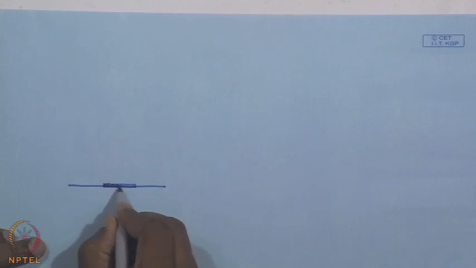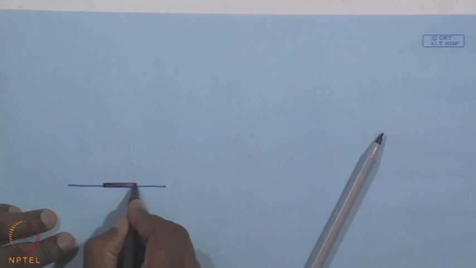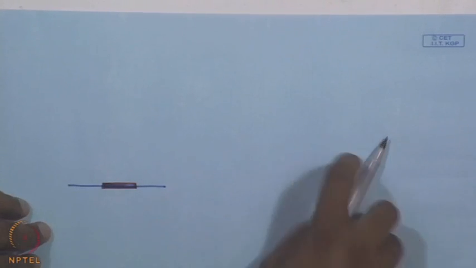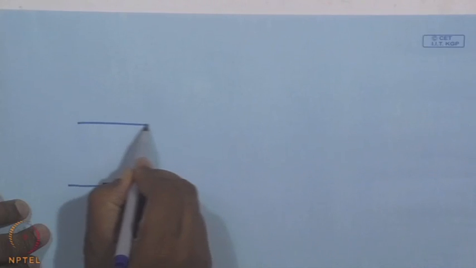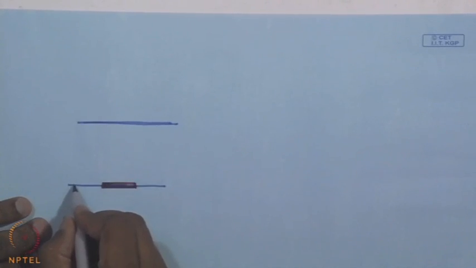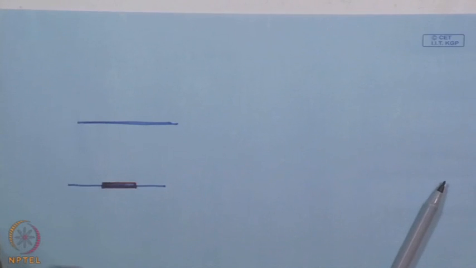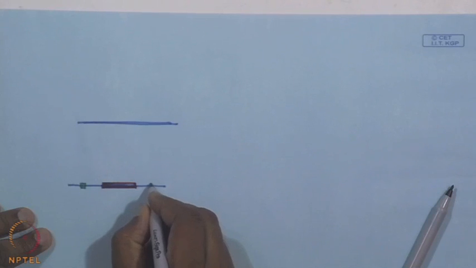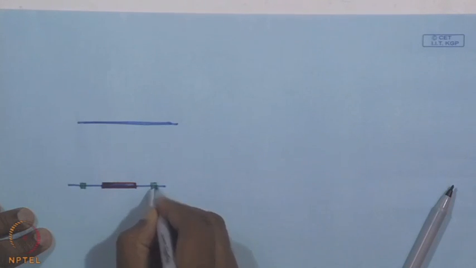So, this is my heater, this zone is the heater, and it's situated in a channel, okay, and I have a temperature sensor before the heater and at equal distance after the heater.